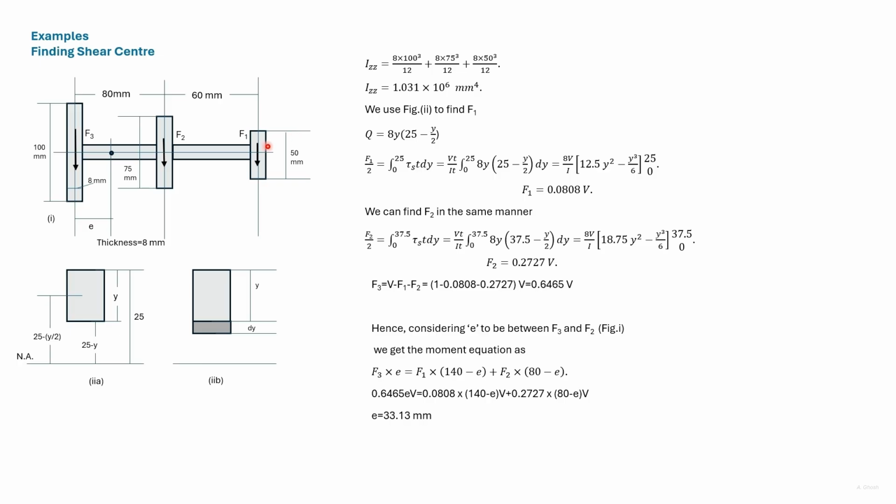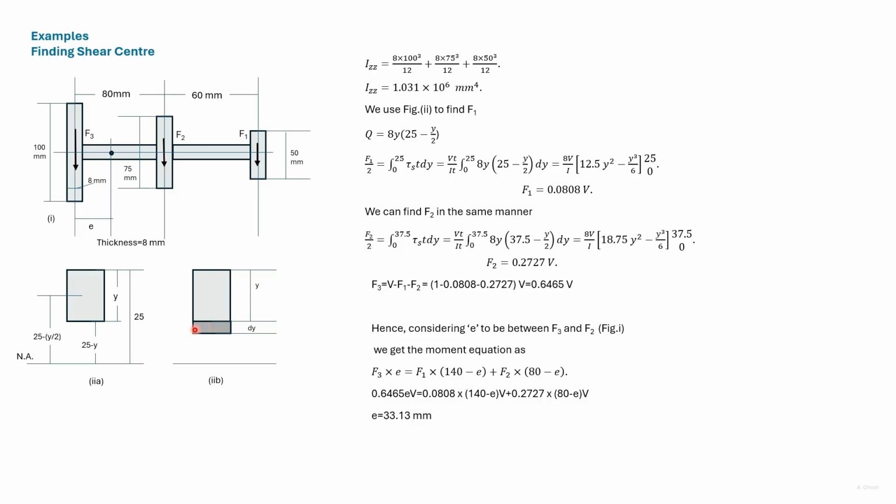We now find the force in the top half of this leg, F1 divided by 2. Consider a small portion dy, shown in dark shade here. Let the stress acting be tau s on this portion.